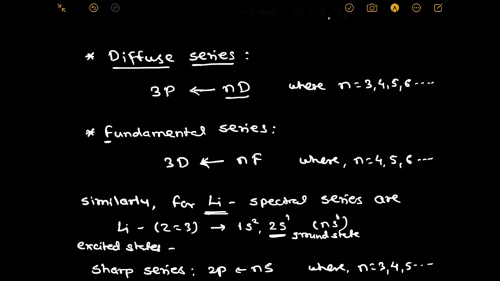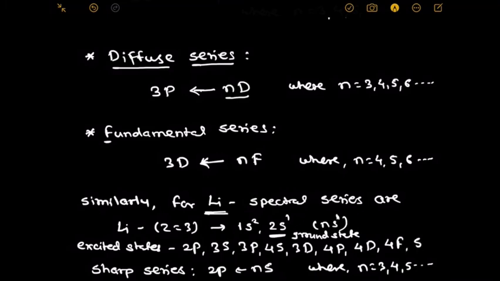The excited states are 2p, 3s, 3p, 4s, 3d, 4p, 4d, 4f, 5s and so on. These are the excited states here. Now we know what the ground state is, and the excited states are known.